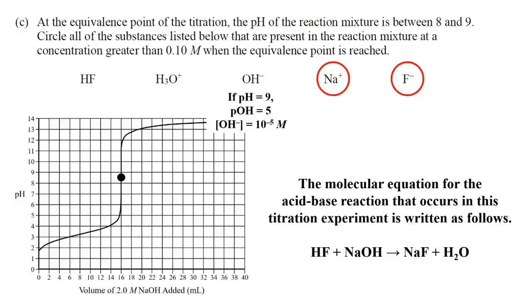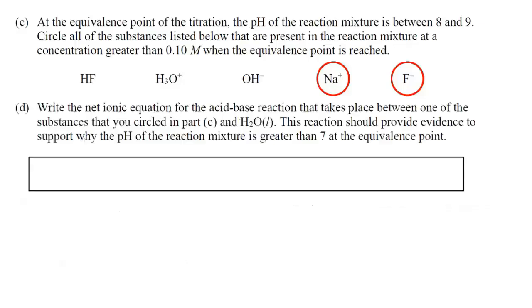So the instructions said to circle all of the substances listed below that are present in the reaction mixture at a concentration greater than 0.10 molar. So the predominant species that are present in the solution at the equivalence point would just be sodium ions and fluoride ions. All right, now let's move on to part D involving a net ionic equation.